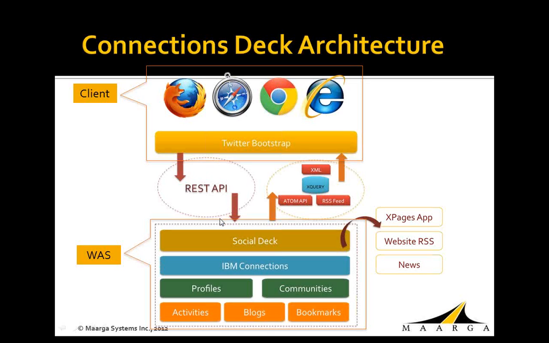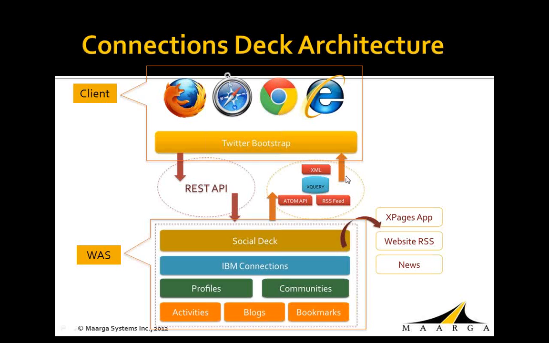Now, we talked in the original Connections architecture slide about Atom feed and REST APIs as a mechanism where you can have data transfer between Connections and your application. That's what we are using.